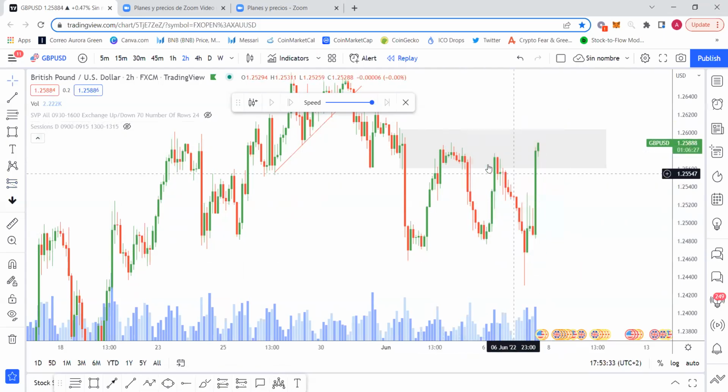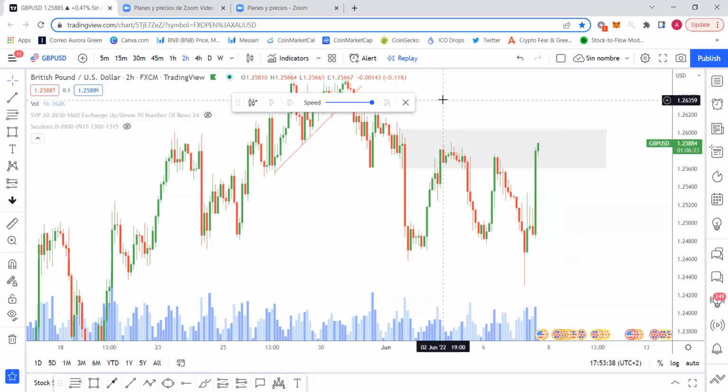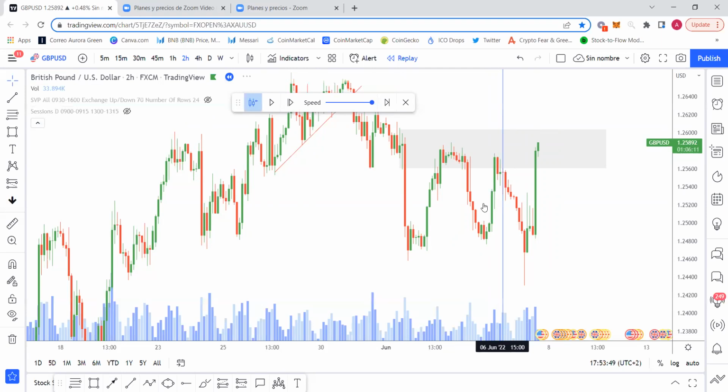Then price came back up here, and as somebody asked me, is it a good idea to sell GBP USD? And I said, in my opinion, it's not a good idea. Why? Who knows why? Here, in my opinion, it wouldn't be a good idea to sell GBP USD, even though it later on went down.